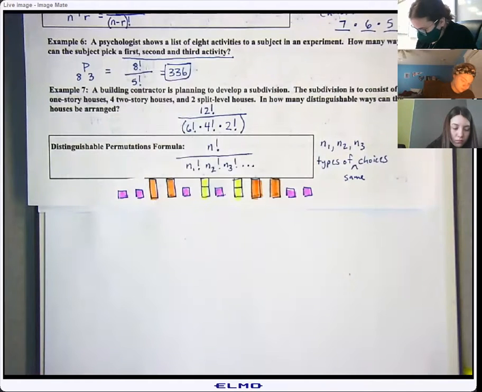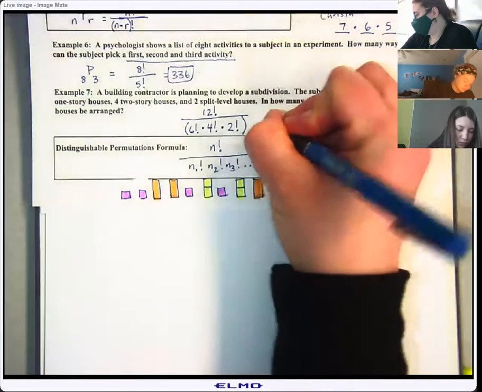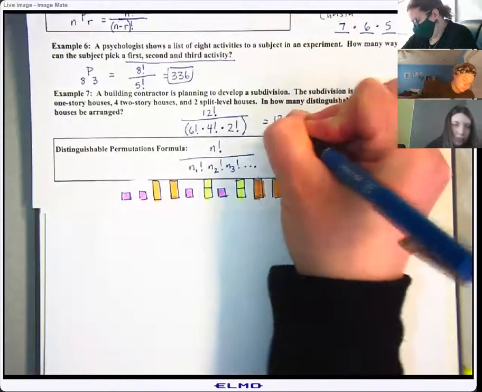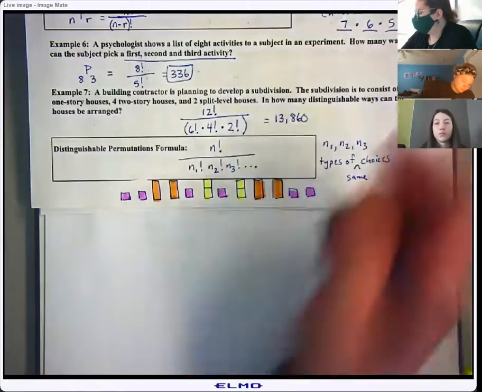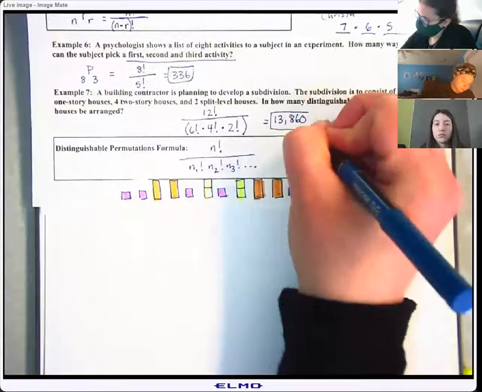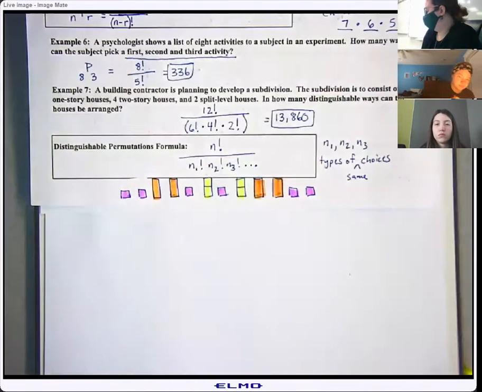Divided by parentheses 6 factorial times 4 factorial times 2 factorial. If you do it right, you should get 13,860 choices.